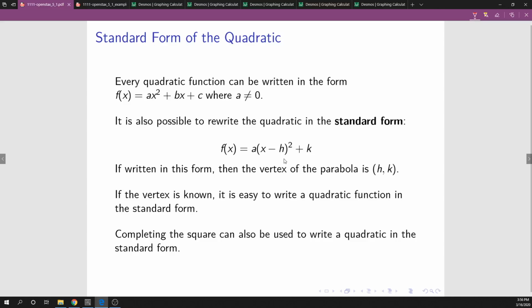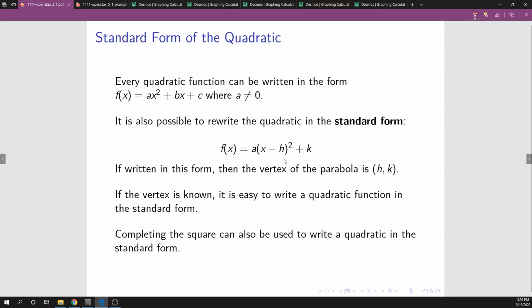There is a technique for writing a quadratic in the standard form from the general form using completing the square. I'm not going to talk about that because I've already showed you the shortcut for it. Most people will use the shortcut, so I'm just going to go ahead and do that.